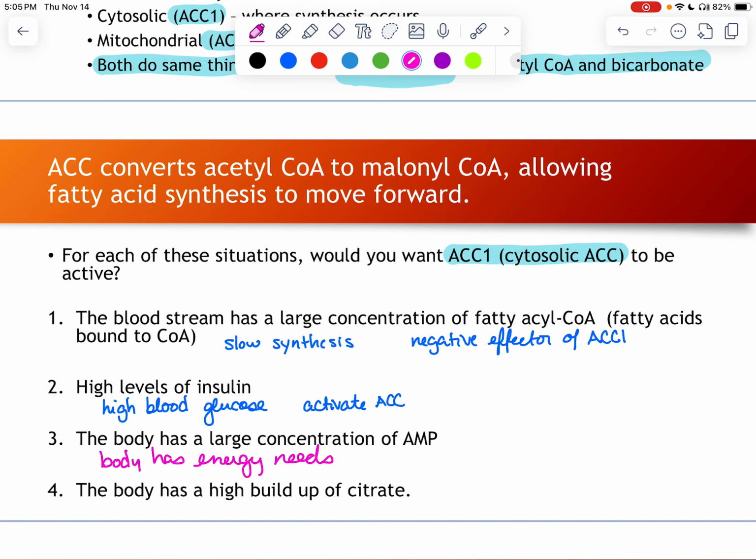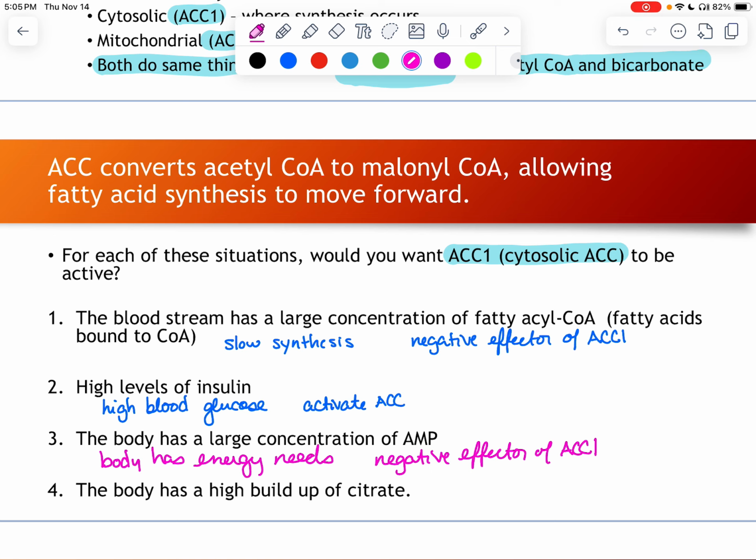We want to save that acetyl-CoA for the citric acid cycle. Okay, so since ACC1, when it's active, helps us with synthesis of fatty acids, this would also be a negative effector of ACC1. Okay, and we'll look at what it does in a minute.